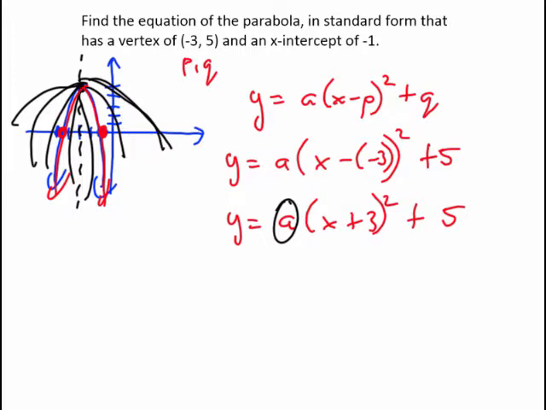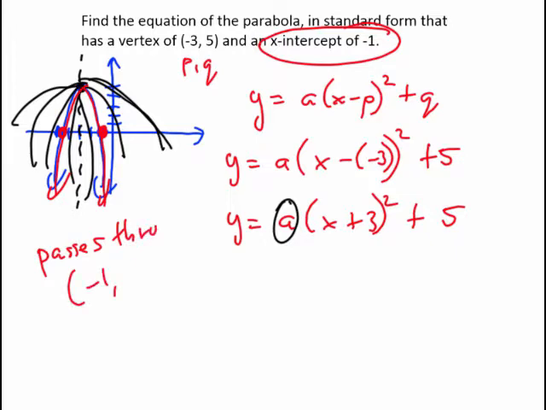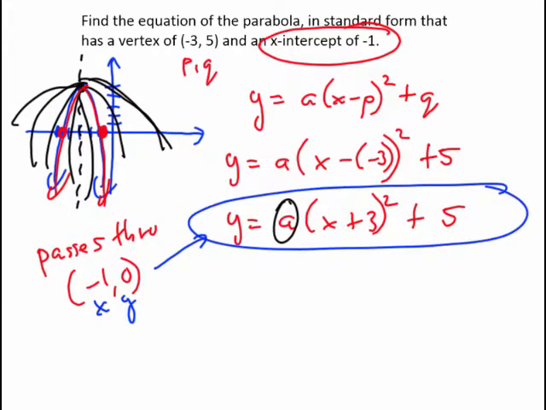Alright, so what we're told is that if the x-intercept is -1, the graph passes through -1, 0. And we know that if a graph passes through a point, that point must work in the equation of that relation. So if this point is on the graph, it has to work in this equation for x and y.